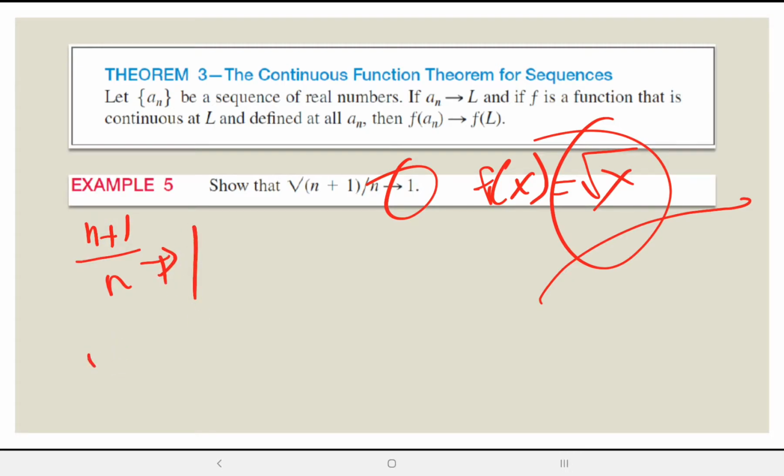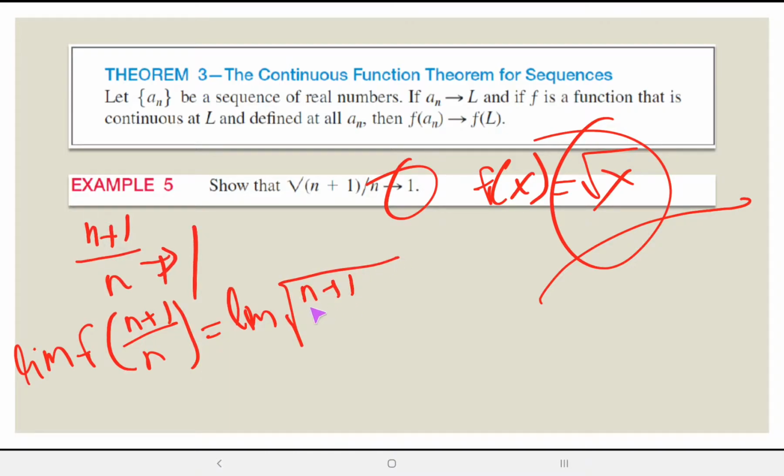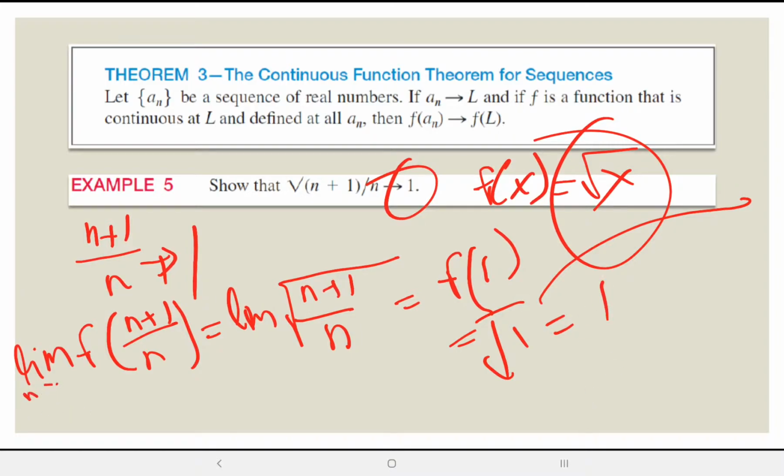Therefore, yung limit ng f of n plus 1 over n, which is equal to the limit of the square root of n plus 1 over n, is just equal to f of 1, which is equal to square root of 1, which is equal to 1, as n approaches infinity.